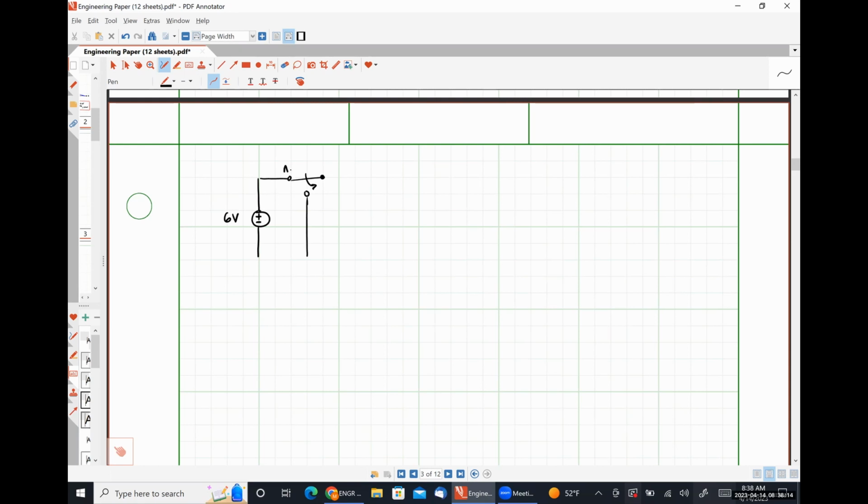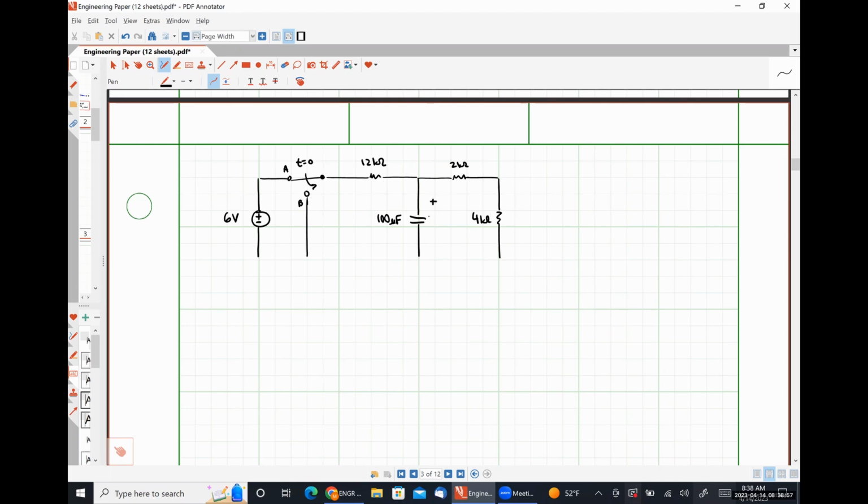Our switch is changing from being closed at A to being closed at B at t equal to 0. Here we have a 12 kilo ohm resistor. Here we will have a 100 microfarad capacitor. Here's a 2 kilo ohm resistor. Here's a 4 kilo ohm resistor.